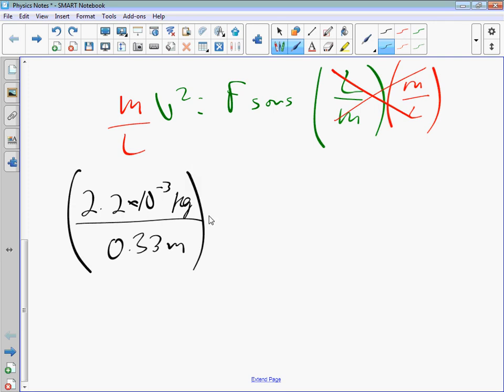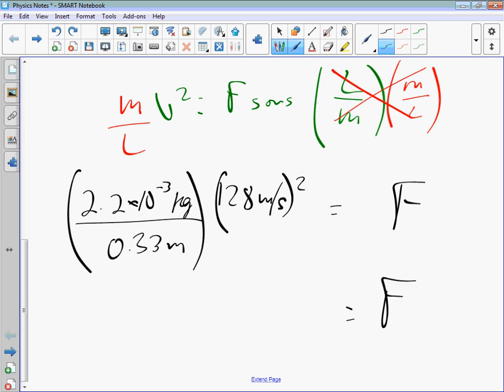Times our velocity squared, 128 meters per second, that whole thing squared. It's going to give us our force. What you end up with by the time you cancel everything is 110 kilograms times meters per second squared, because the meters are going to cancel.